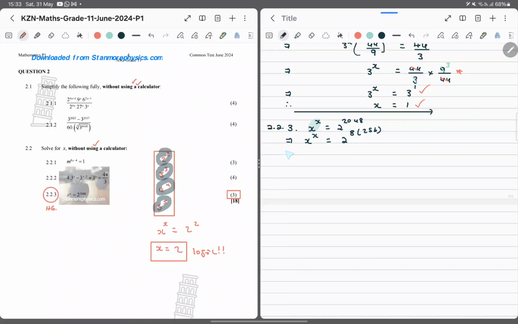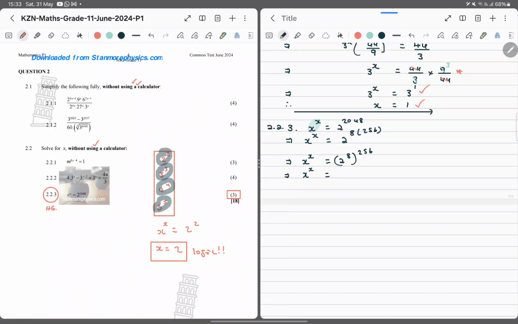I think that could get us somewhere. So this implies that we've got 8 to the x is equal to, now honestly speaking, this is as good as 2 to the exponent 8 all to the exponent 256, right? And let's see what is 2 to the exponent 8. Wow, it works.